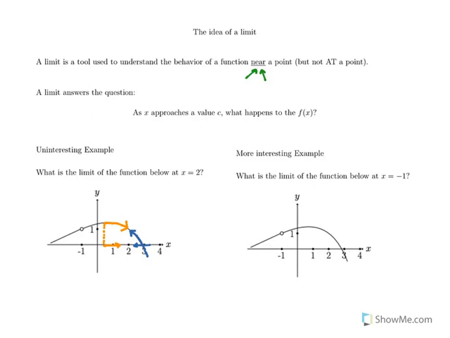What value is that approaching? What function value? And this is just going to be the actual function value itself. The limit here would be equal to 1, and this is just the function value.